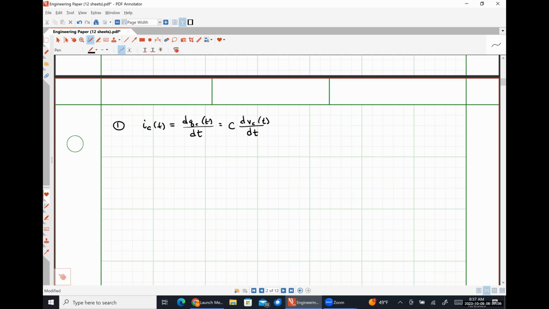All right, so this is our first relationship. Compare it to the first relationship that we had for an inductor. Right. So it's literally the exact same relationship, except that we replaced L with C and we swapped the role of I and V. Okay. Exact same thing.